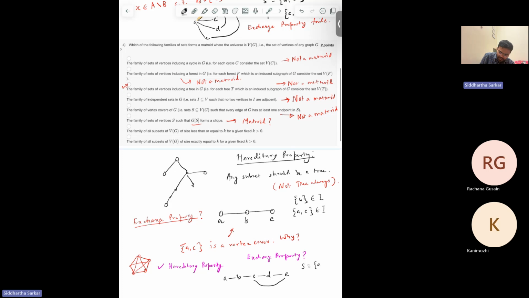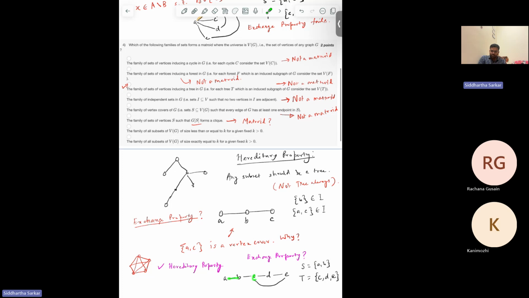S, A comma B, is a clique of size 2 and T, C D E, is also a clique of size 3. It's a triangle. Of course S and T in this case are disjoint. Can I take some vertex from T and take union with A comma B, and that forms a clique as well? What if I take C?